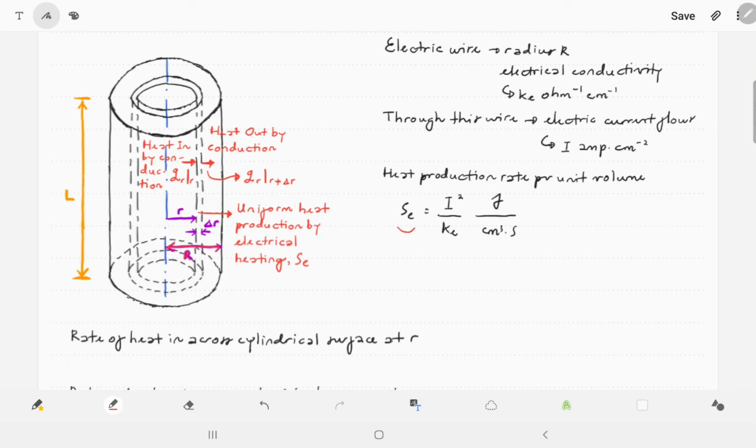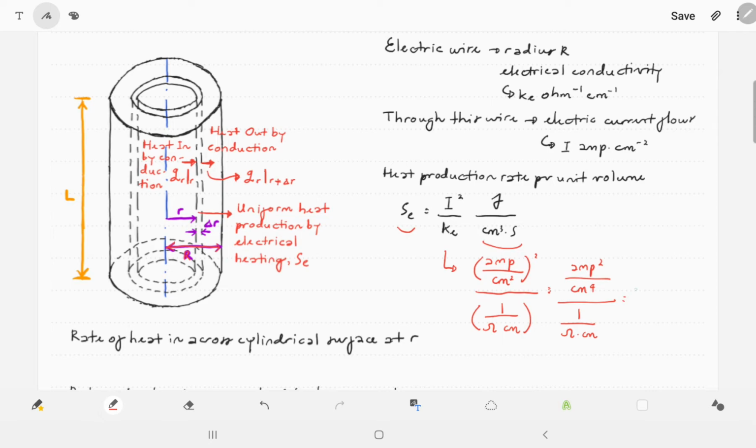The first thing we will check is the units, joule per centimeter cubed per second. If we check on this one, we have current density raised to 2 on the numerator, and in the denominator the conductivity term. So you will have amp squared divided by centimeter raised to 4, divided by 1 over ohm centimeter.